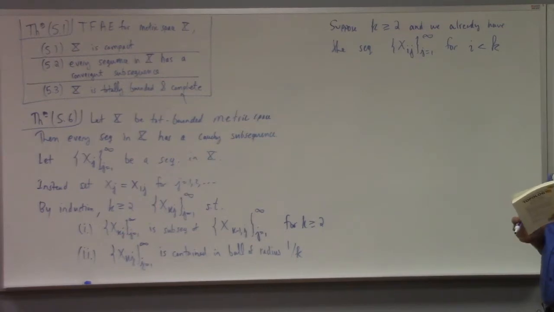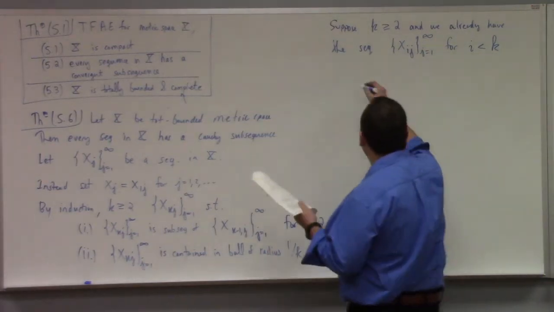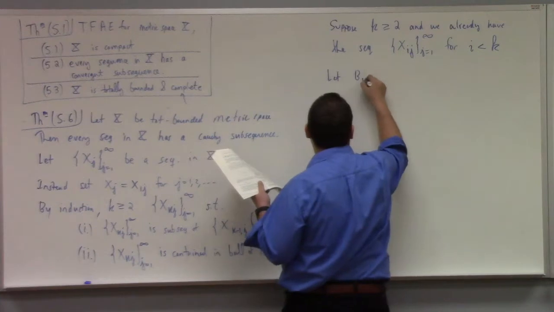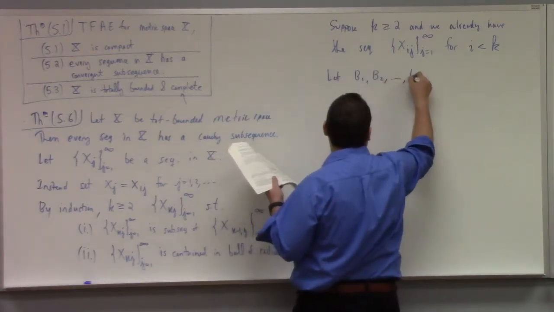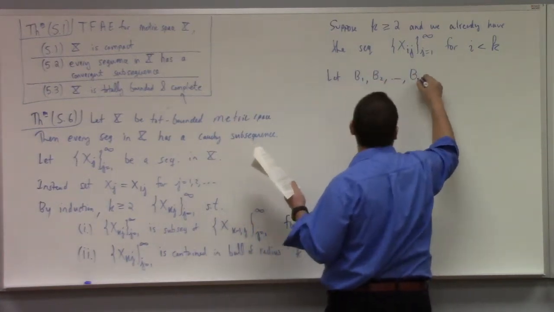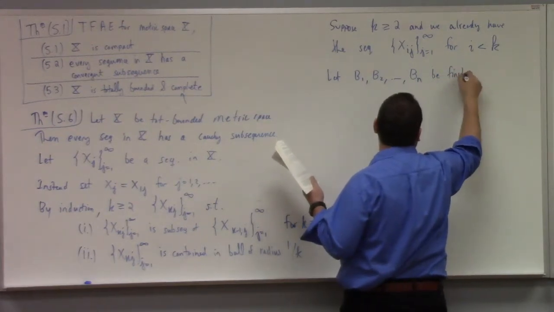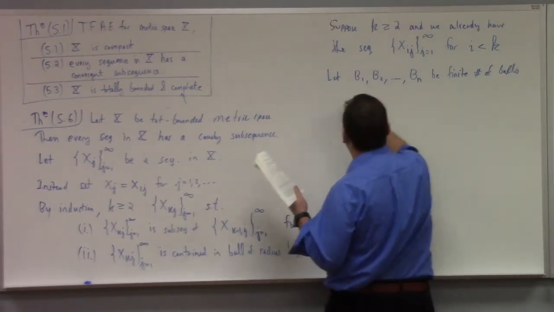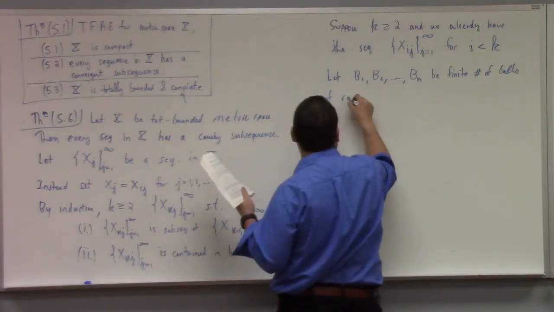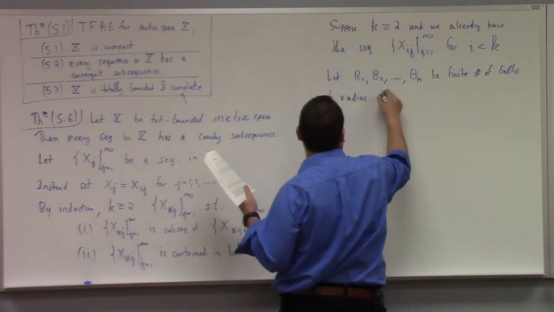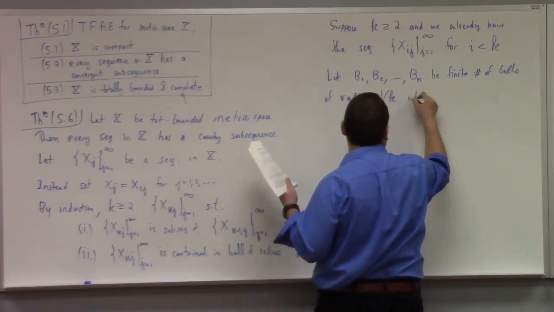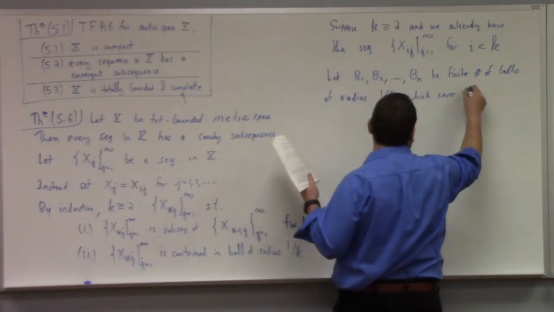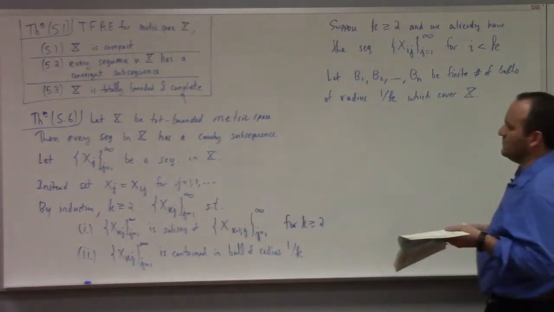He says, let B1 through Bn be a finite number of balls of radius 1 over k that cover X. Why can we do that?